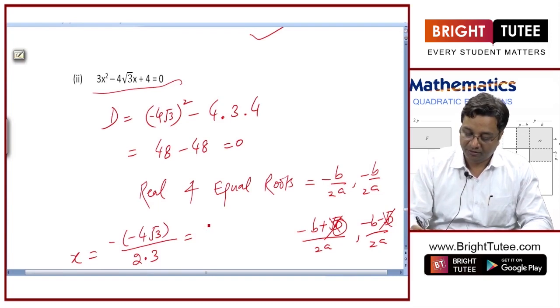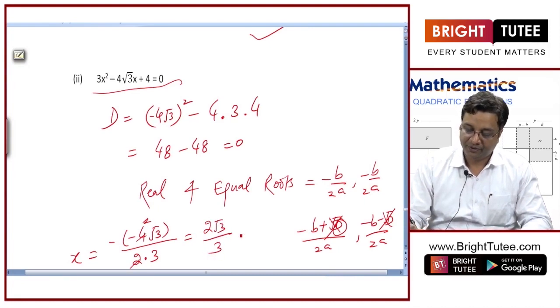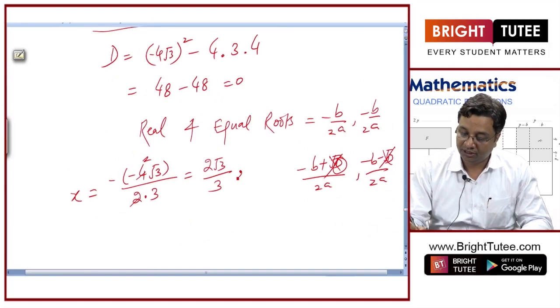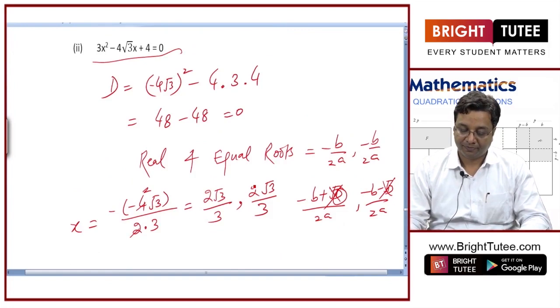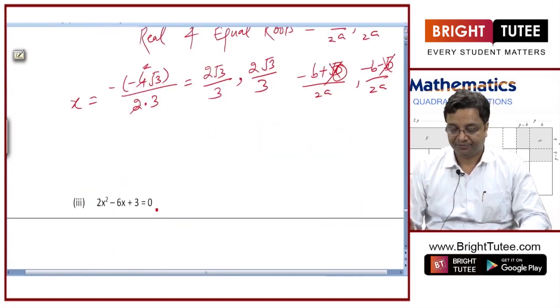Okay, so it will be equal to 2 will give us 2 root 3, 2 root 3 divided by 3. Okay, so both the roots are 2 root 3 by 3, 2 root 3 by 3.